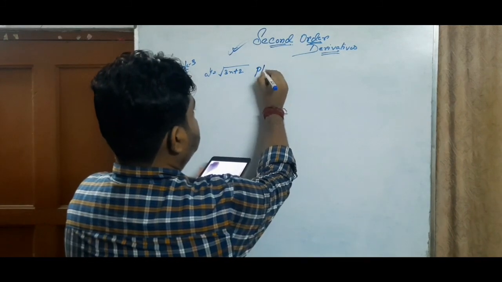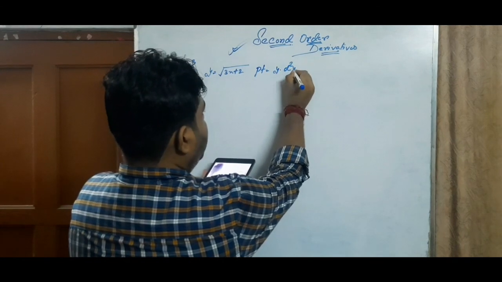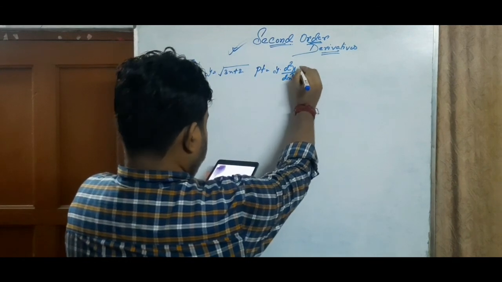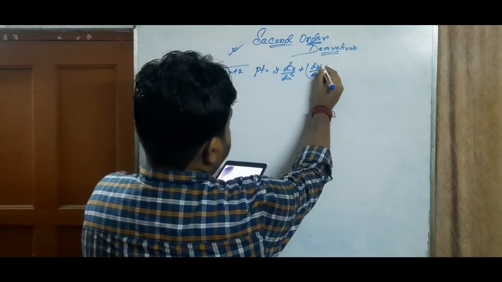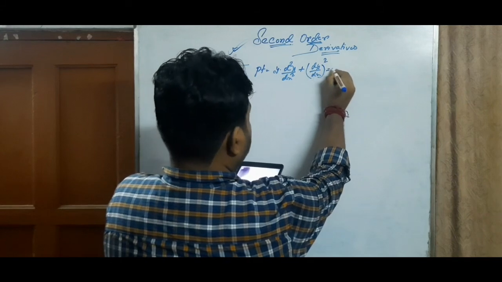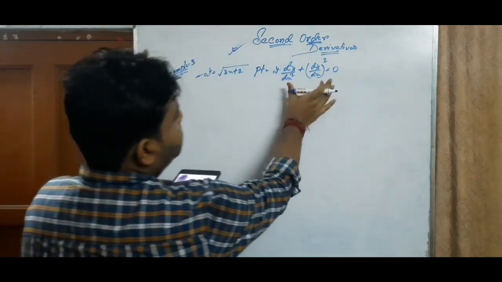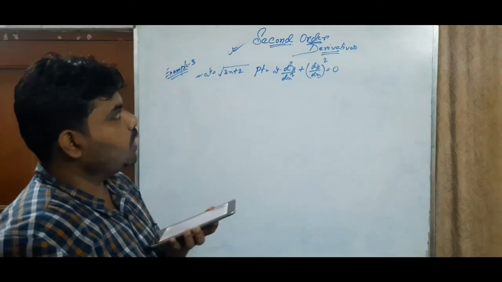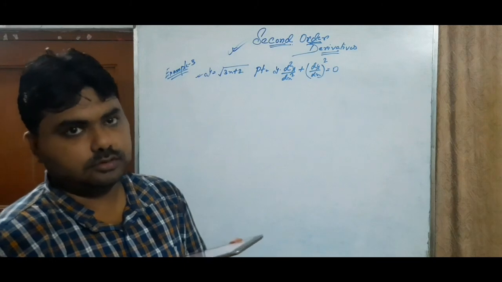Prove that y into d2y by dx2 plus dy by dx whole square equals to 0. So the function is given, and we have to prove that y into d2y by dx2 plus dy by dx whole square equals to 0.